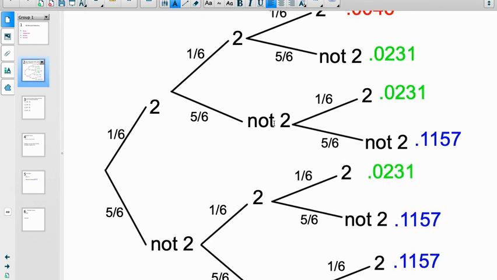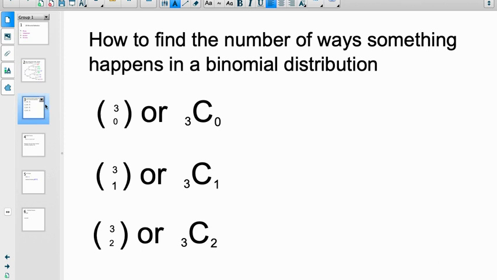So we don't want to always go through the work of drawing the tree diagram. In order to find the number of ways something happens in a binomial distribution, we use the choose function. So 3 choose 0, or 3C0, there's just 2 different ways of writing it. You'll probably end up seeing both of these.